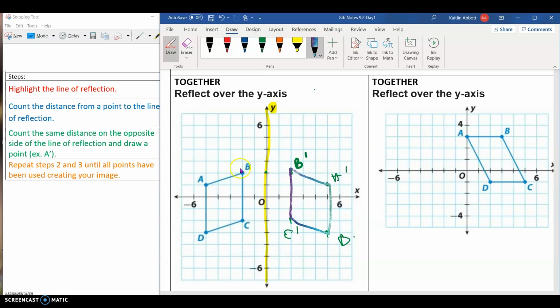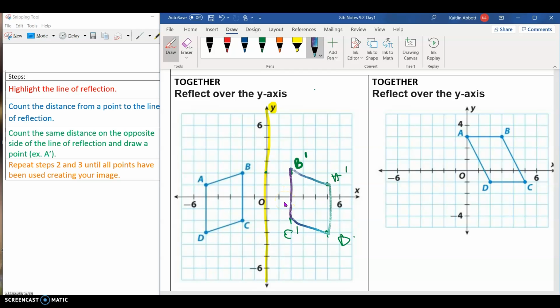There we go. Your shape should look identical, but it is flipped over the line. It is a little bit backwards. Notice how it goes A, B, and then it goes B, A. This is DC, and then it goes CD. The size of the shape has not changed.